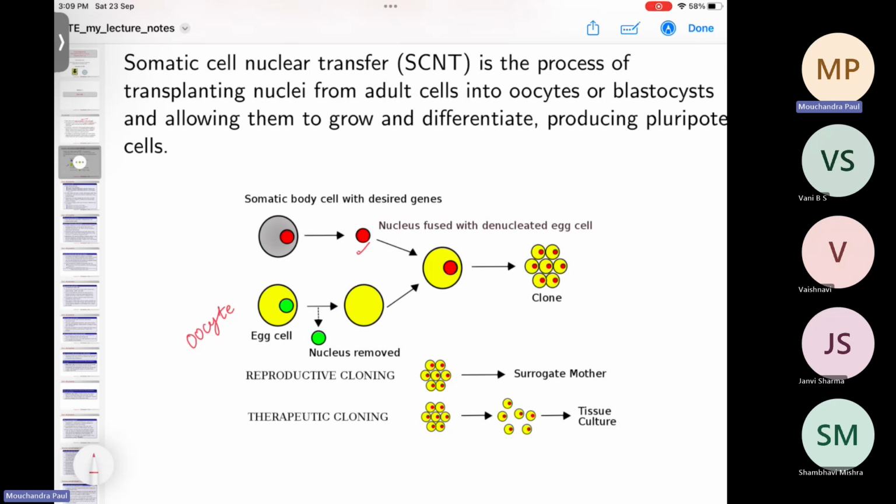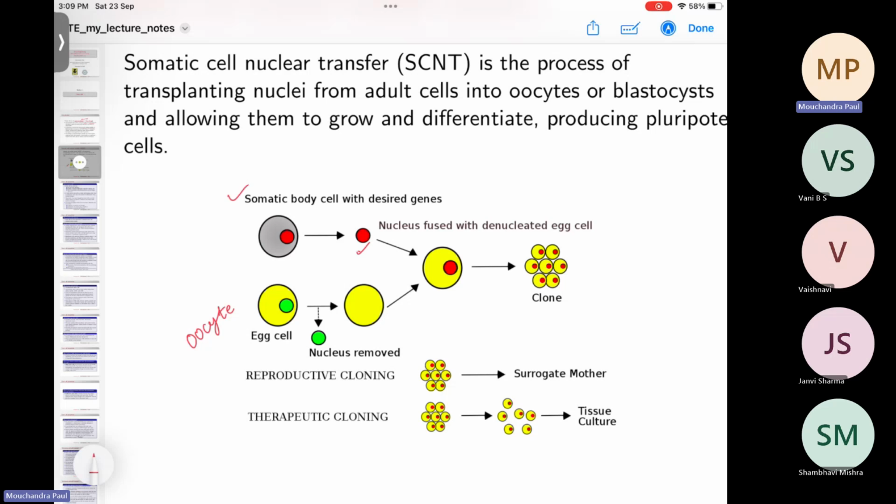So what they do, they add the nucleus of the somatic cell into the egg cell. So it created a new kind of cell where the cellular cytoplasmic content is from the oocyte, whereas the nucleus is from the somatic cell.